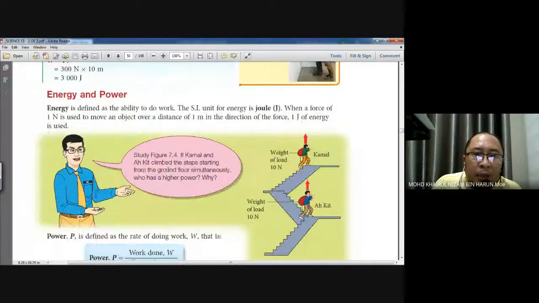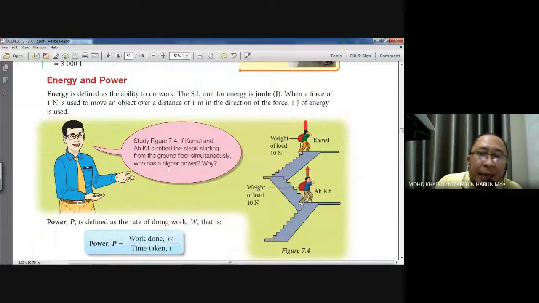Okay, now we look into energy and power. What is the meaning of energy? Here, energy is defined as the ability to do work. So in order for us to do work, we must use energy.